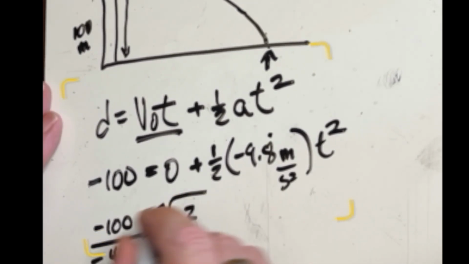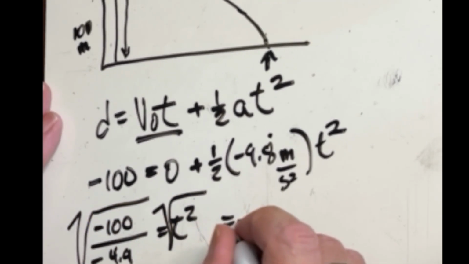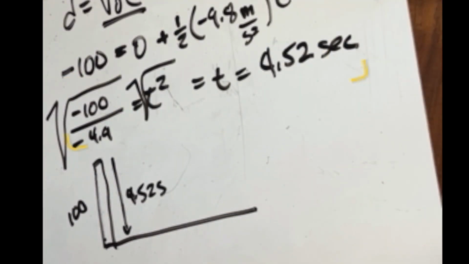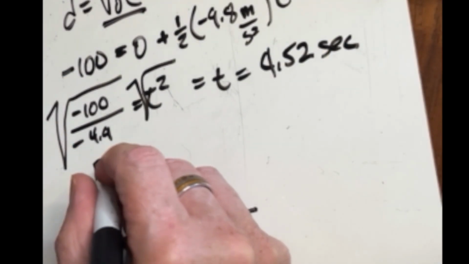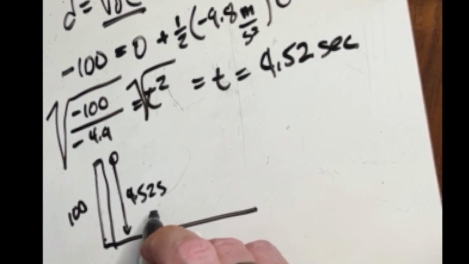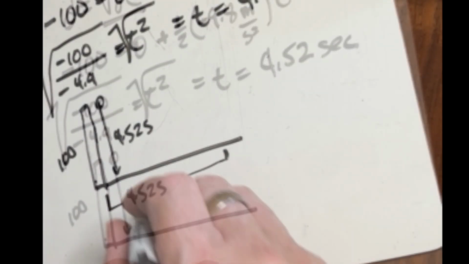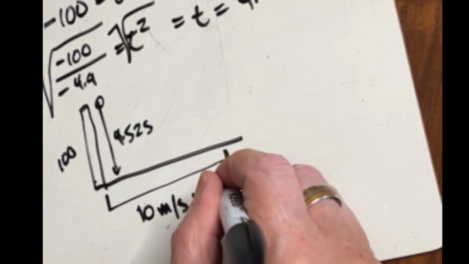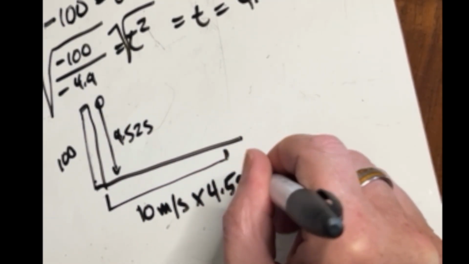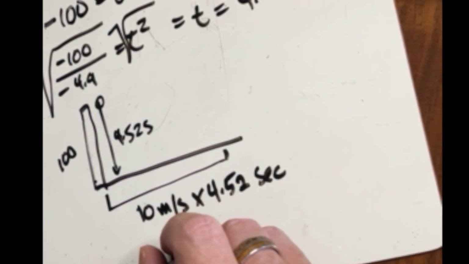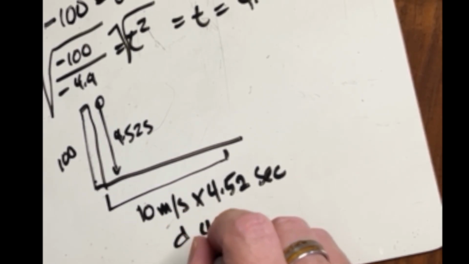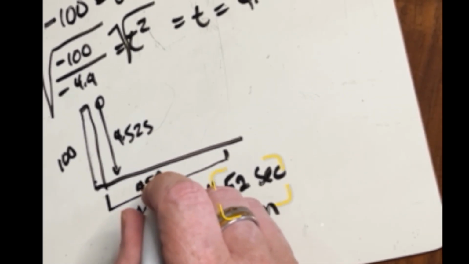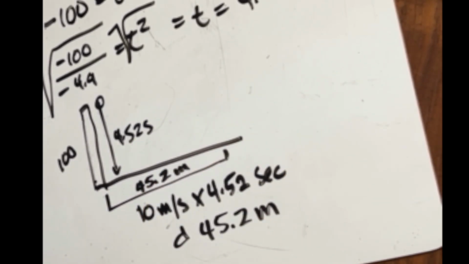We then take the square root of both sides to get t. We drop the ball, and it takes 4.52 seconds to hit the ground. 10 meters per second times 4.52 seconds. So the total distance is going to be 45.2 meters.